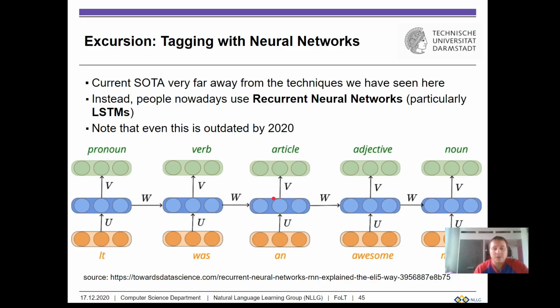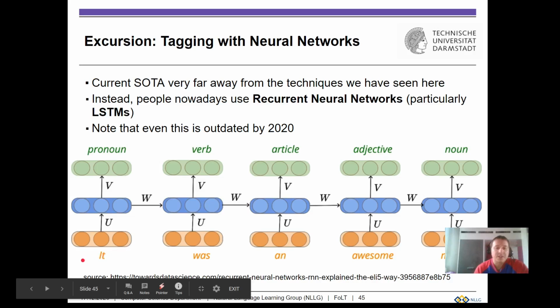Importantly, compared to our n-gram model here, it is not taking the previous labels into account, so it makes a deviation here, even though there are modifications that could also account for this. But instead, it's taking the context on the input word side into account.